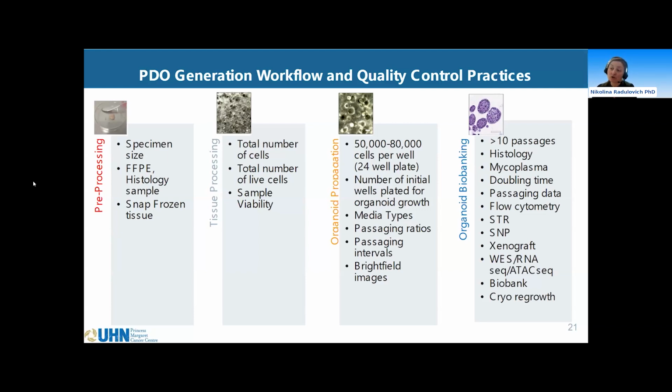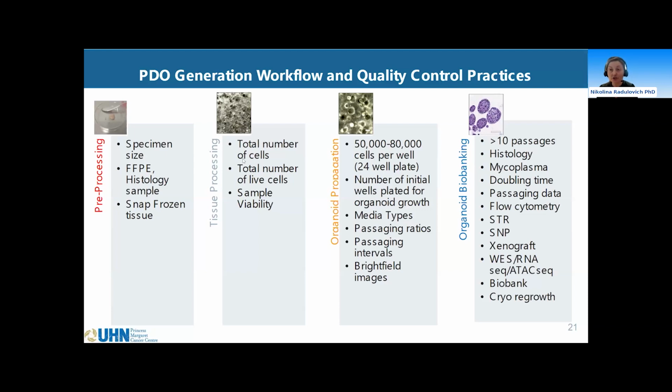In the pre-processing stage, once we pick up the tumors, we will always save a little piece for FFPE, for histology sample. We also snap freeze the tissue if we want to later on do STR profiling, or if we want to do any other omics profiling.